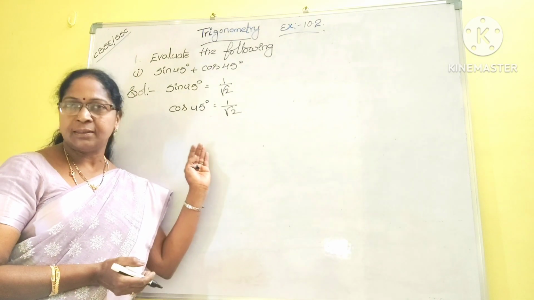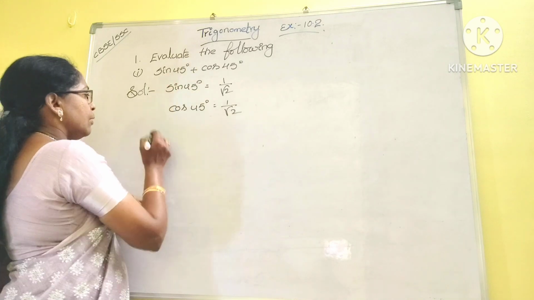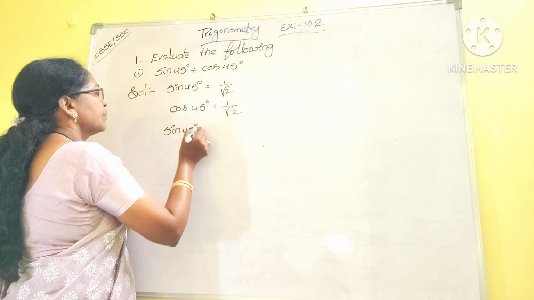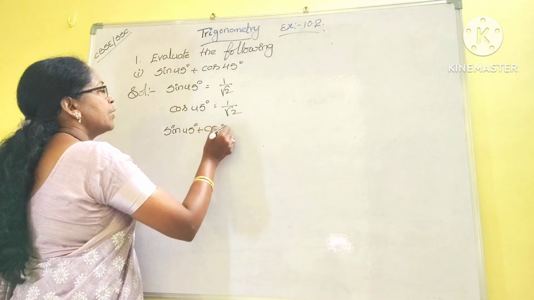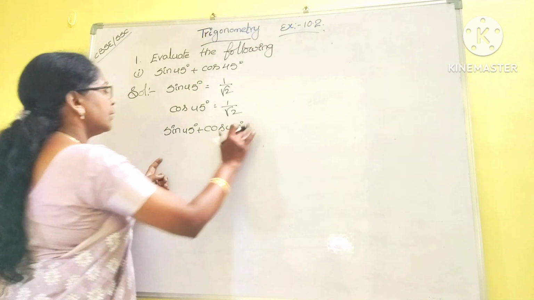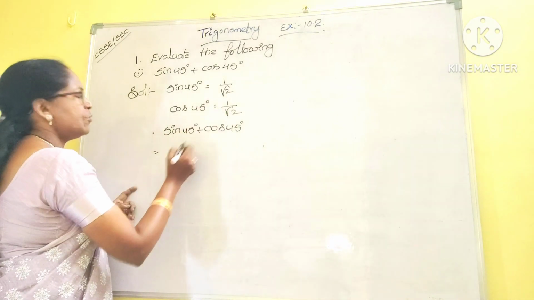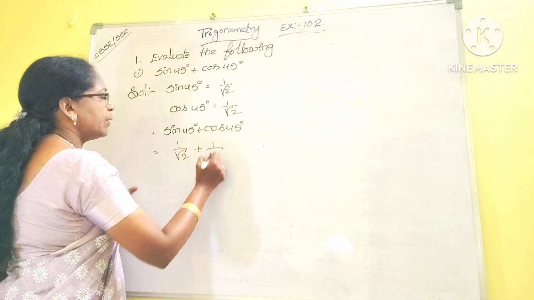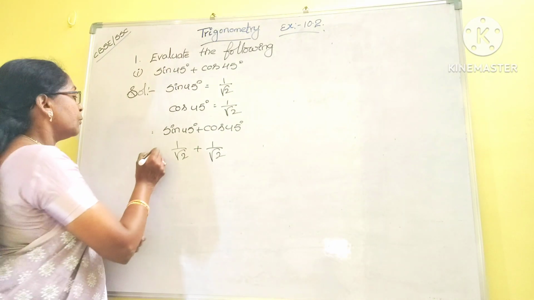Please watch that video. Now you have to find sin 45 degrees plus cos 45 degrees. Sin 45 equals 1 by root 2, plus cos 45 equals 1 by root 2.